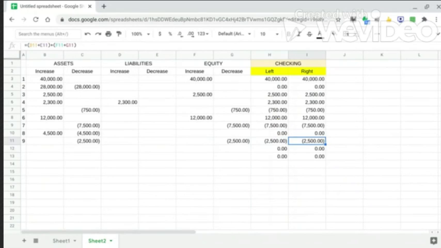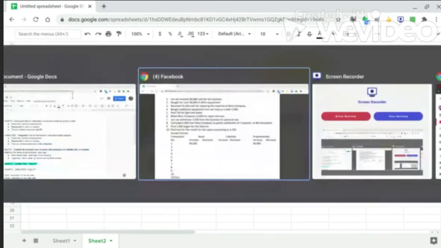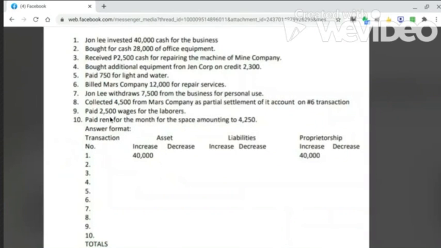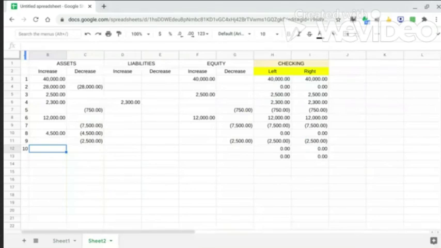Ayan. So, number 10 transaction natin is paid rent for the month, for the space amounting to 4,250 pesos. Ibig sabihin, mababawasan pala yung cash niya ng 4,250 kasi nga babayaran niya yung rent.